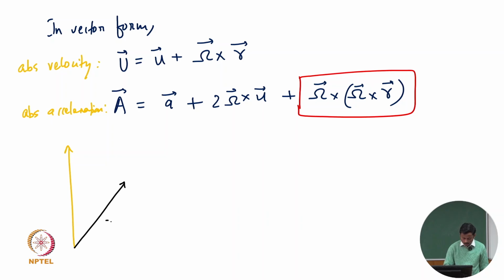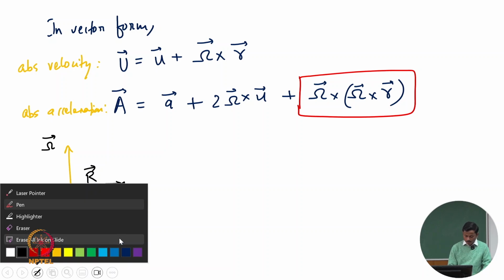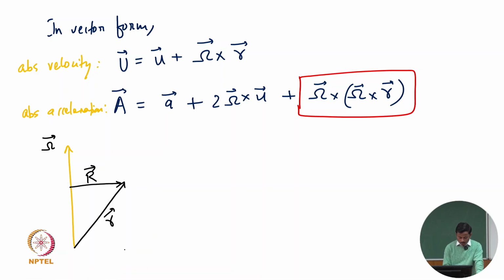This is our position vector r of the point of interest, and this capital R is the position vector perpendicular to the rotation axis, at 90 degrees. So now we want to write the last term in terms of the perpendicular vector R from the axis of rotation.